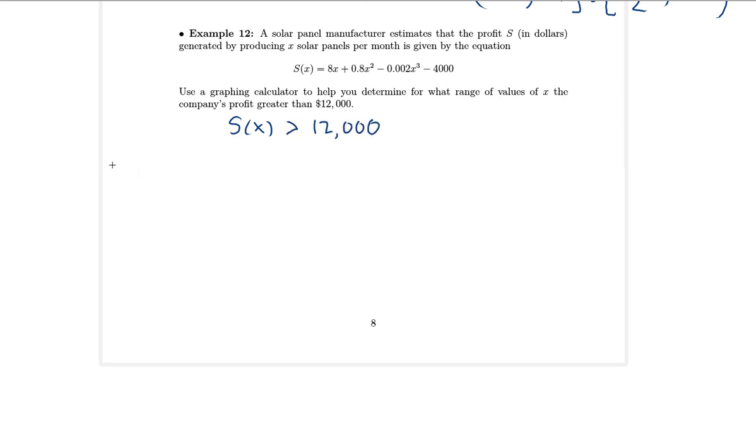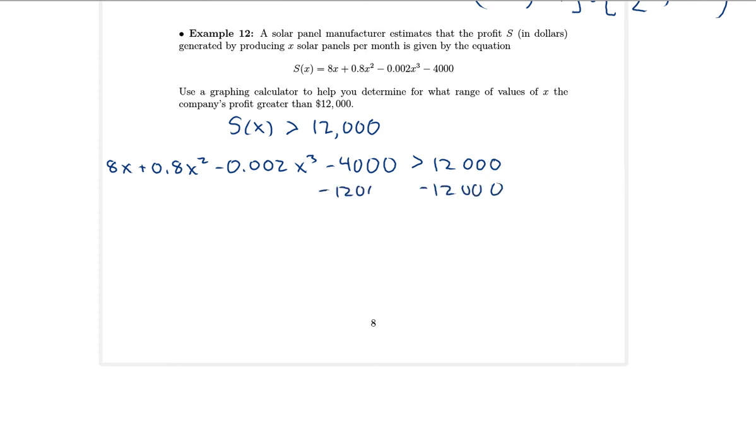But of course, we have the formula for this: 8x plus 0.8x squared minus 0.002x cubed minus 4,000 is greater than 12,000. Now, if we follow the same rules we've been following, what they would say is go ahead and get one side equal to 0, and I think that's a good idea.